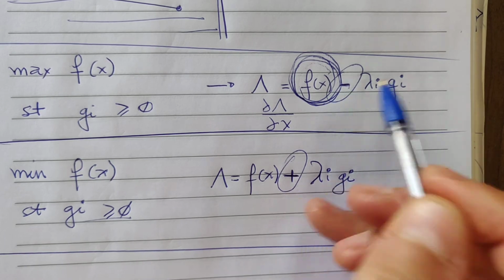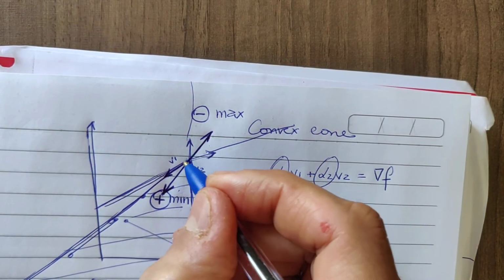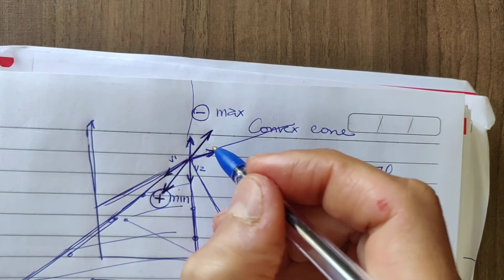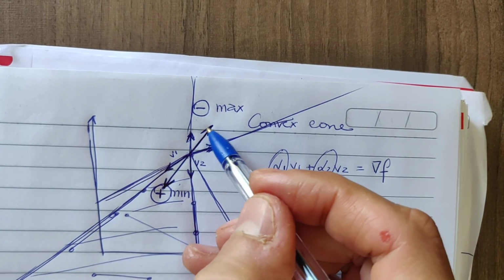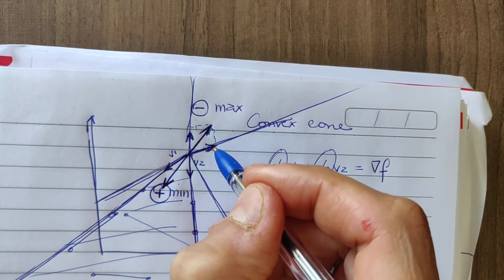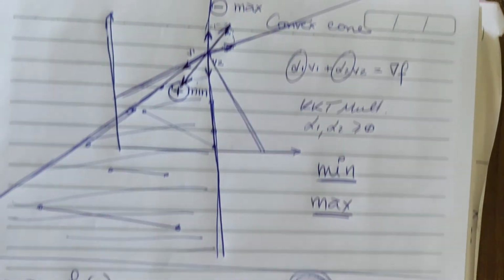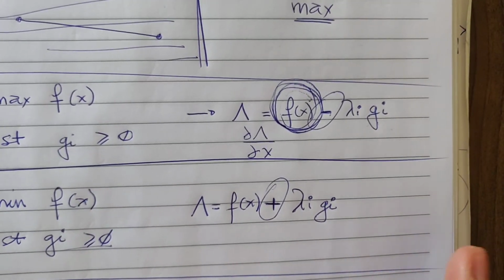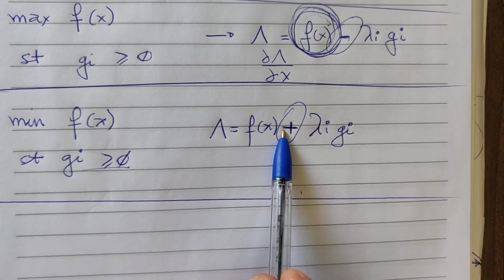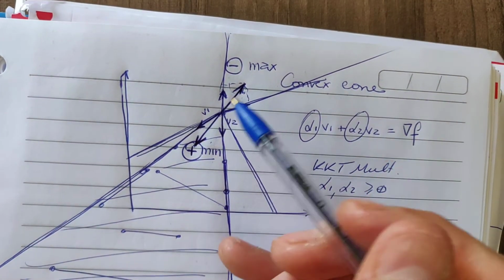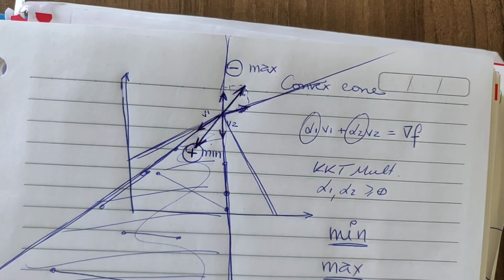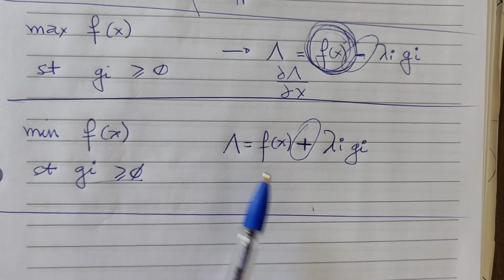When I multiply by minus something, what I'm doing is exactly inverting my constraints, reflecting my constraints like this, and verifying whether this vector becomes a linear combination of my constraints. And of course, if I have a minimization problem like this, there is no need. I can just sum up, because the solution will naturally lie inside my convex cone. That's quite interesting. That's actually the reason.